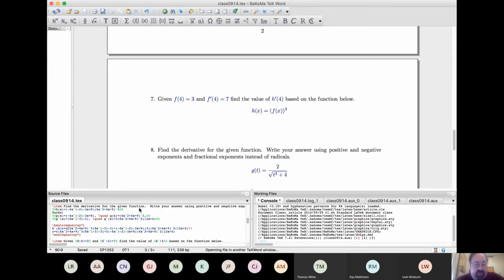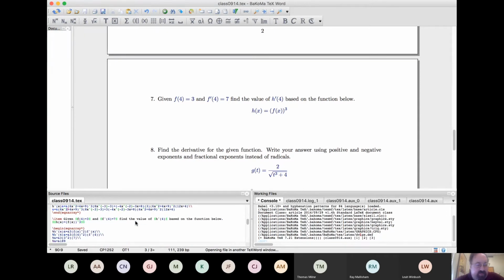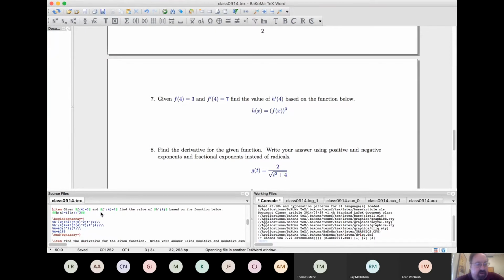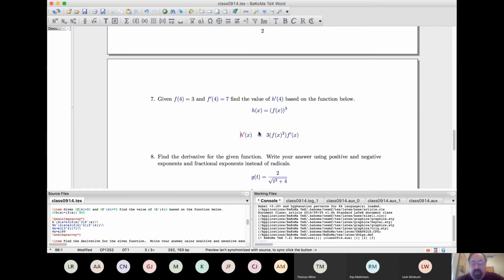If we look at taking a derivative of some unknown function f of x that's all cubed, then the derivative through the general power rule would be: pull down the 3, then you have f of x squared. Actually, I'm going to move that exponent out here. And then times f prime of x. This is just what the general power rule would give you.